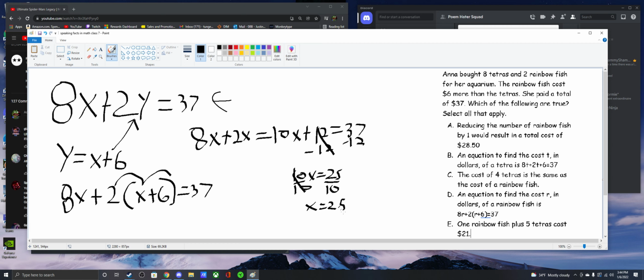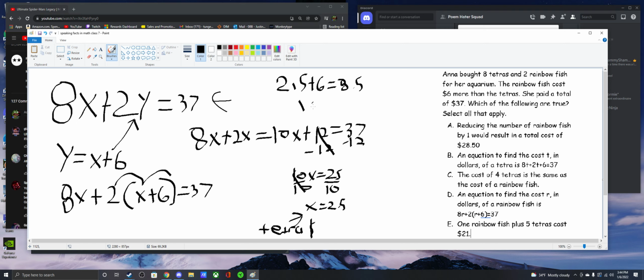Now remember, x is the cost of the tetra, so we'll label it here. Tetra cost. So tetras cost $2.50, and now that we know what x is, we can plug that into our y equals x plus 6, and we get 2.5 plus 6 equals 8.5, meaning that is our rainbow fish.